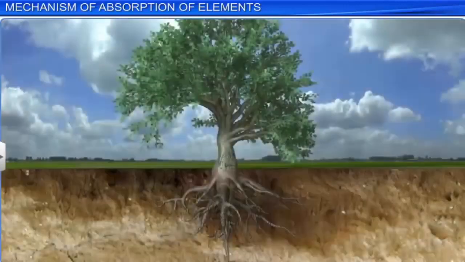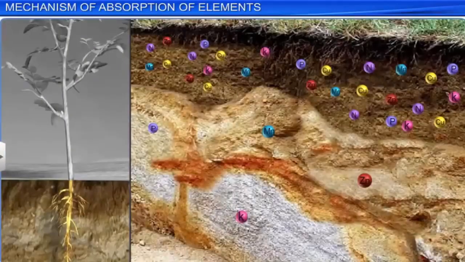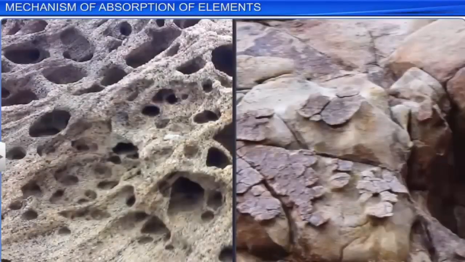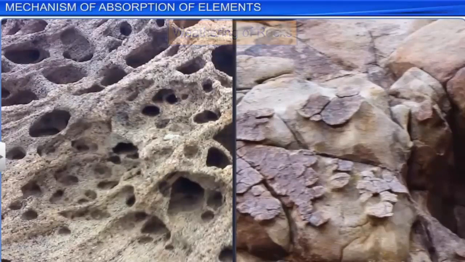Soil provides stability to a plant, along with air and water. It is a reservoir of all the major nutrients needed for the plant. Soil is formed by the weathering of rocks, which provides the soil with minerals. This is termed as mineral nutrition.